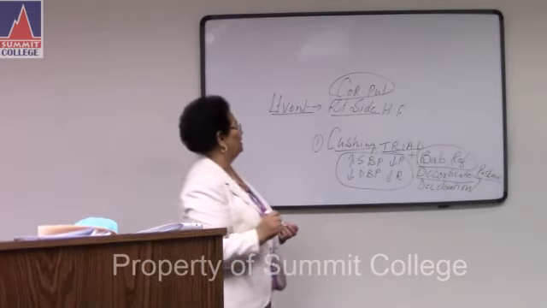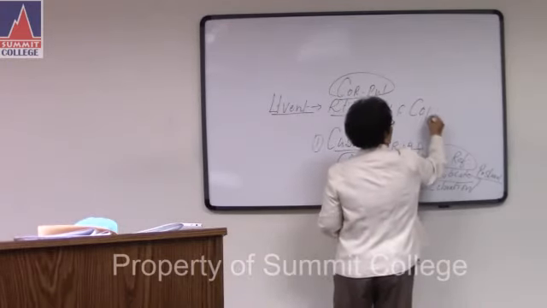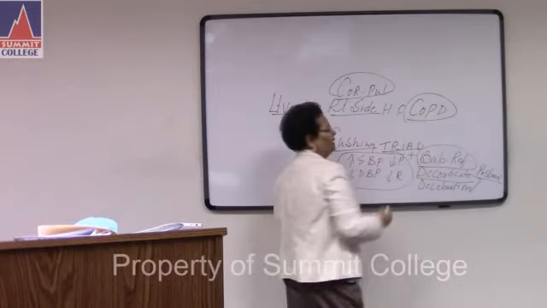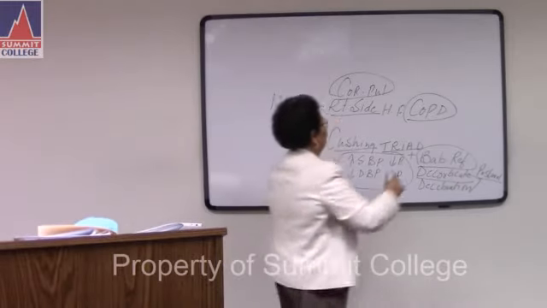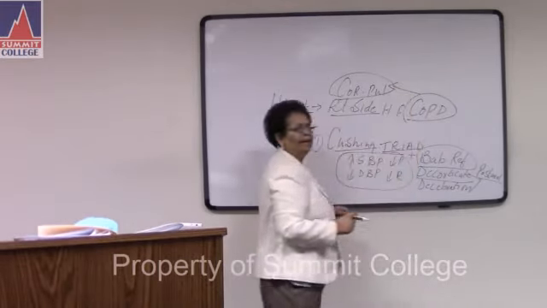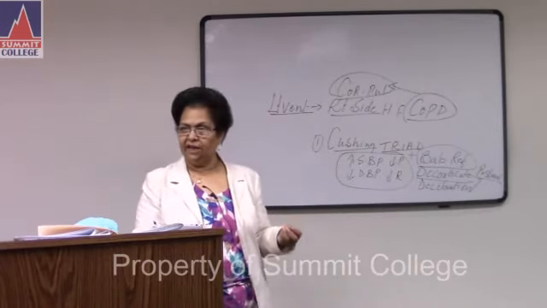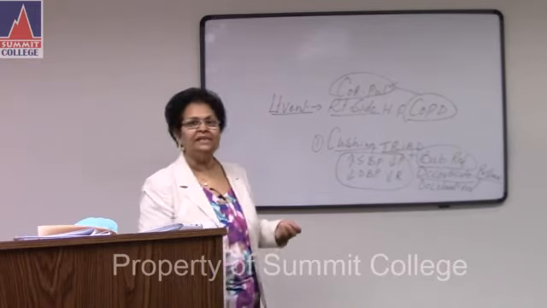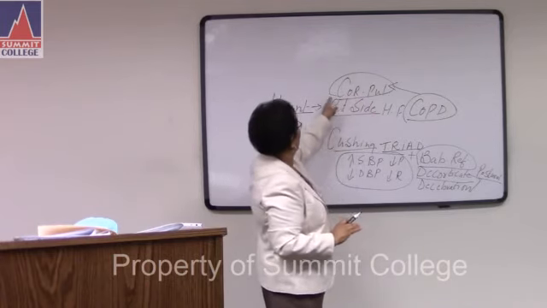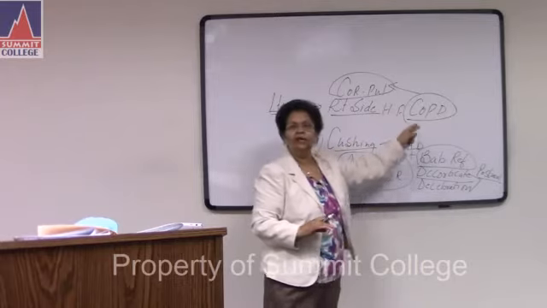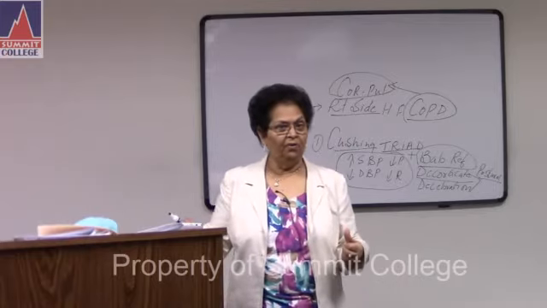Also, I want you to add here, very important for NCLEX questions, COPD patient. What is a common complication with a COPD patient? Cor pulmonale. So remember, whenever you read a question about a complication of cor pulmonale, that means the right side of the heart is failing.